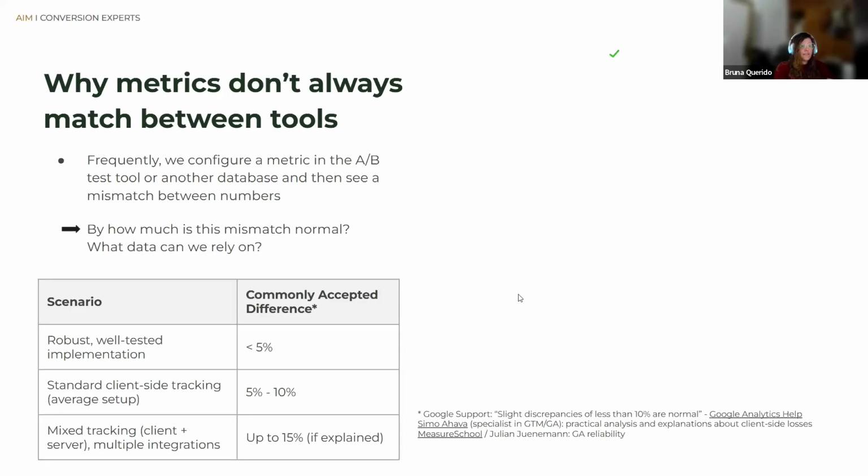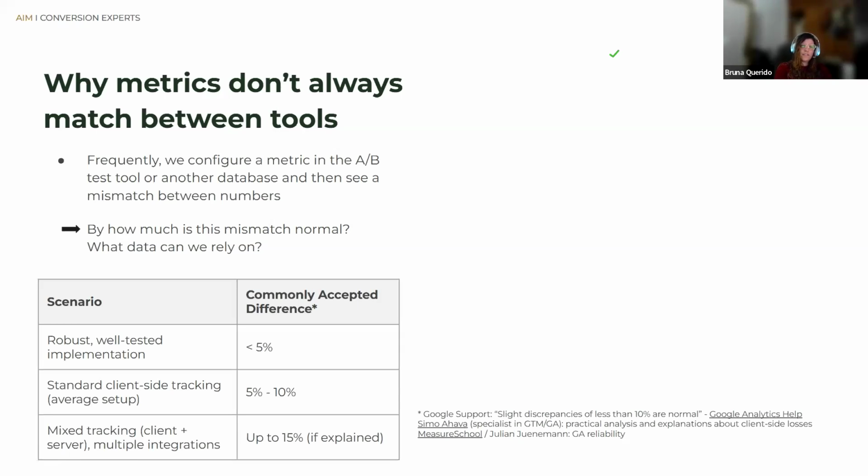So here I brought data that is fully supported by Google about slight discrepancies between tools. And this is very well accepted among every specialist. So we have three scenarios. The first one is the robust implementation that has less than 5% mismatch.